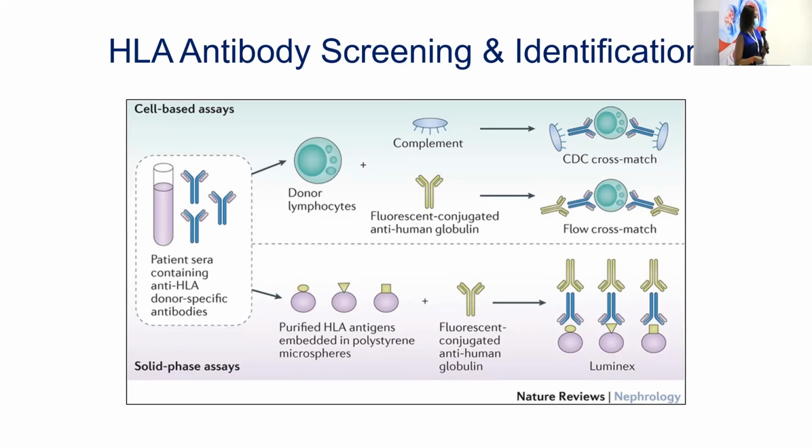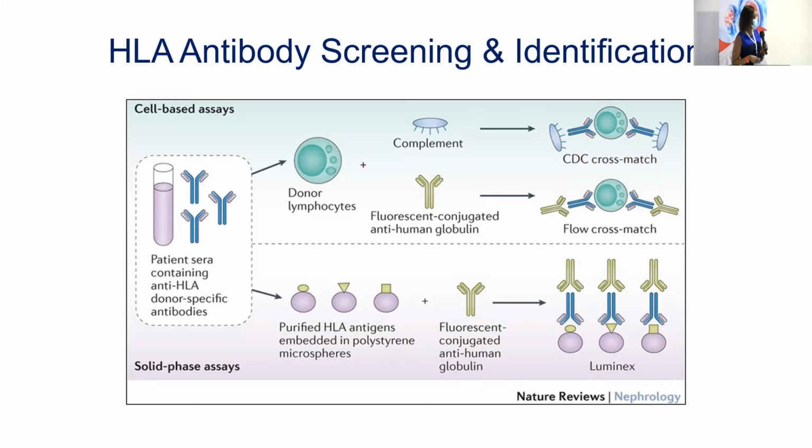So that is the complement dependent cytotoxicity assay. It can be used for antibody screening, but cannot really help identify the antibodies. This is the basic cross-match that we talk about that is performed pre-transplant. A better, more sensitive assay is the flow cytometry based cross-match, where they still use the donor lymphocytes.